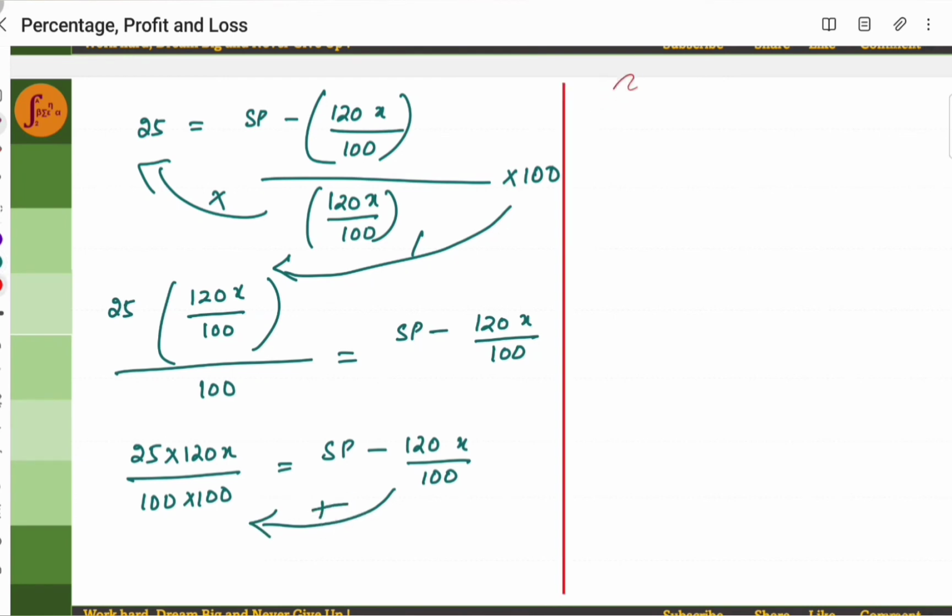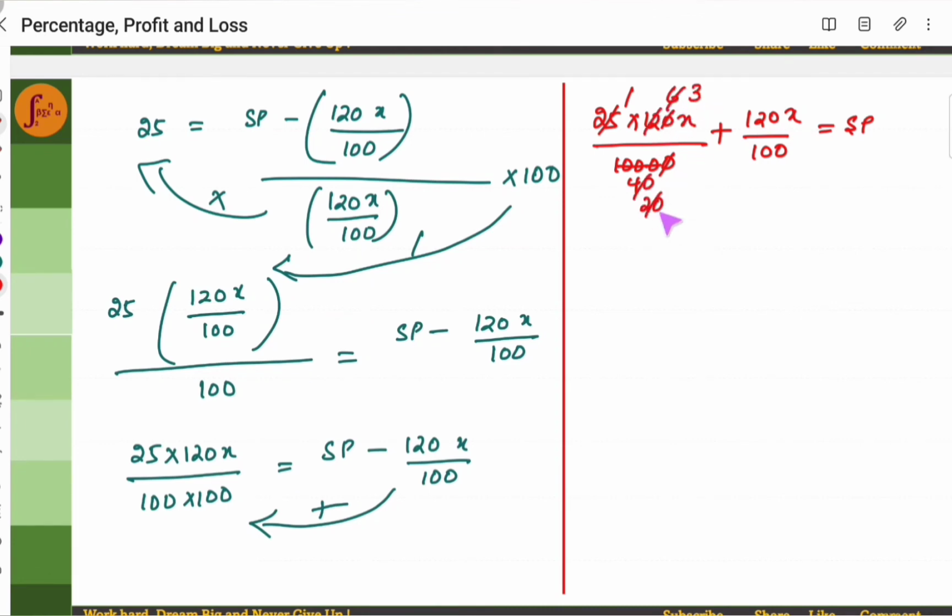So this will become 25 into 120x by 100 into 100 plus 120x by 100 is equal to selling price. Now if I calculate this, 25 ones are 25, fours are 40, I'll get 3x by 10 plus 120x by 100 is equal to selling price.